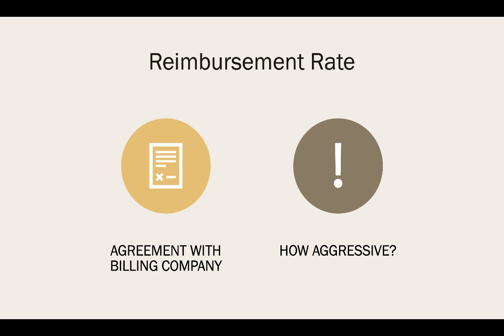Reimbursement rates and collection rates not only have to do with your patients paying their outstanding bill or balance billing, but largely upon agreements with your billing company. So there will be some outstanding balance that we send out to your patient. Say, you still owe us $200. Most of your organizations are probably going to have contracted billing companies that handle this for us.